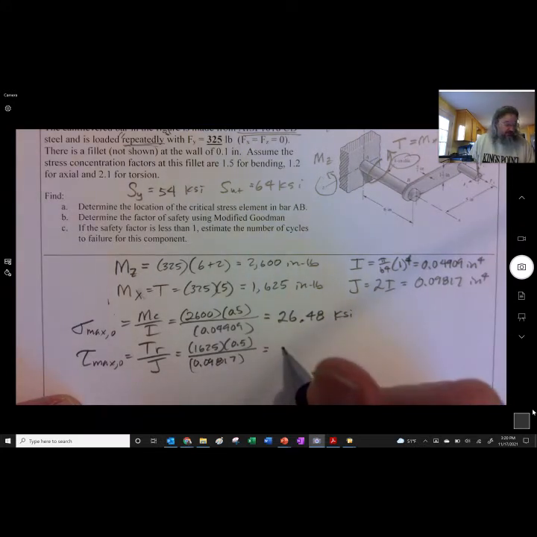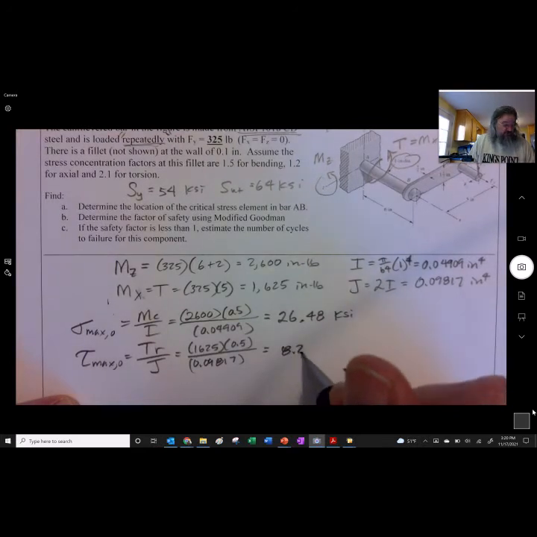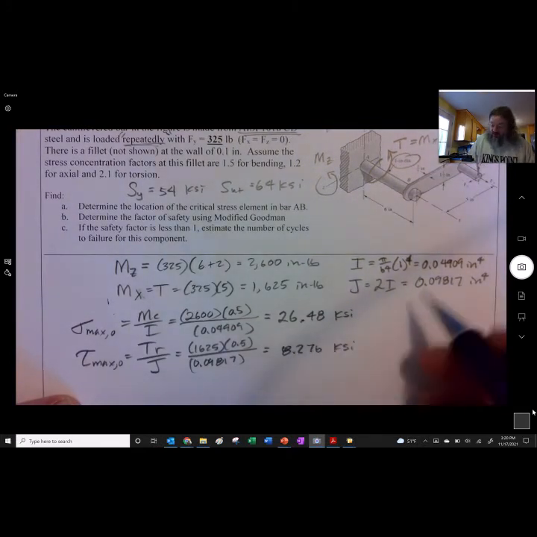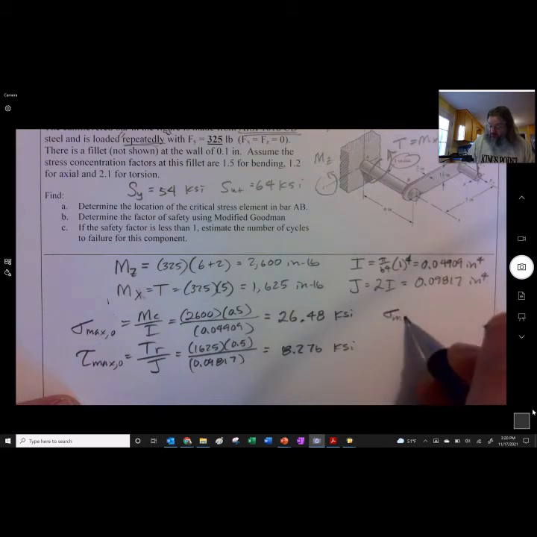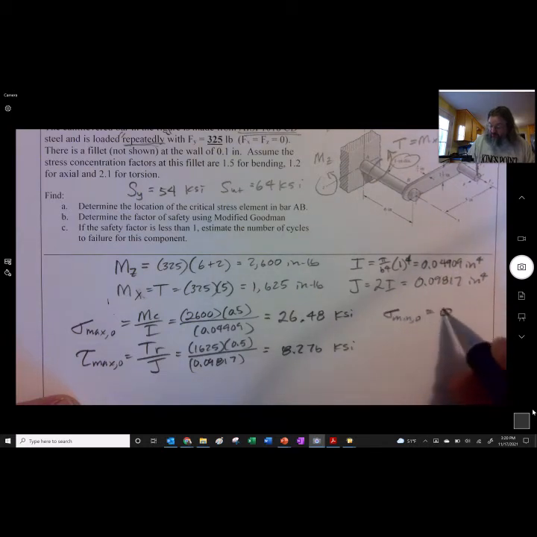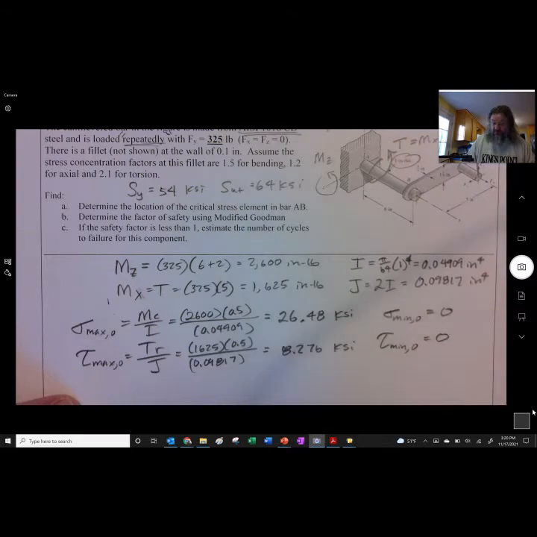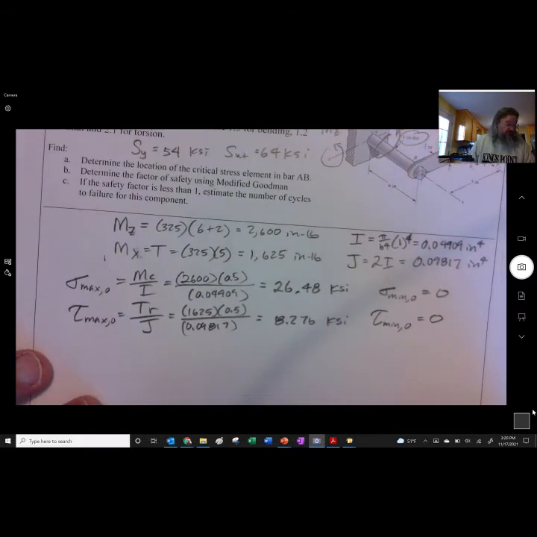So we get a lovely 8.276 KSI. The minimum nominal is 0, and the minimum nominal for the torsional shear is 0, so we're flopping back and forth between those.